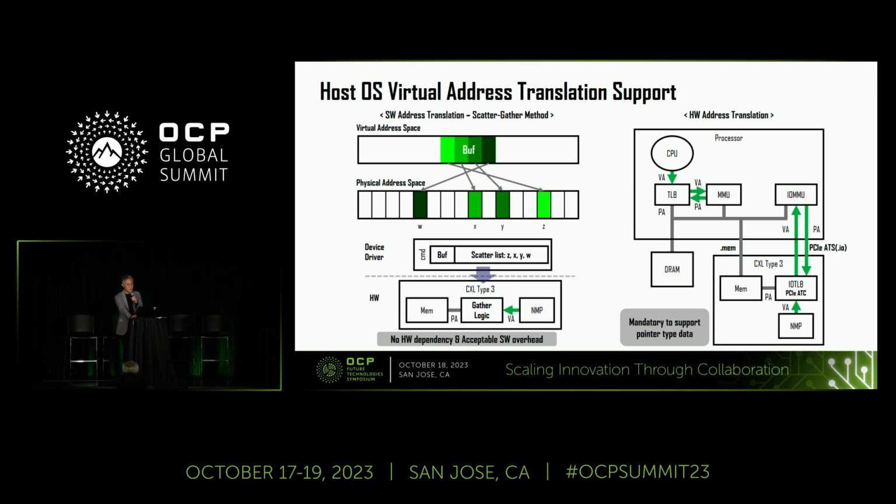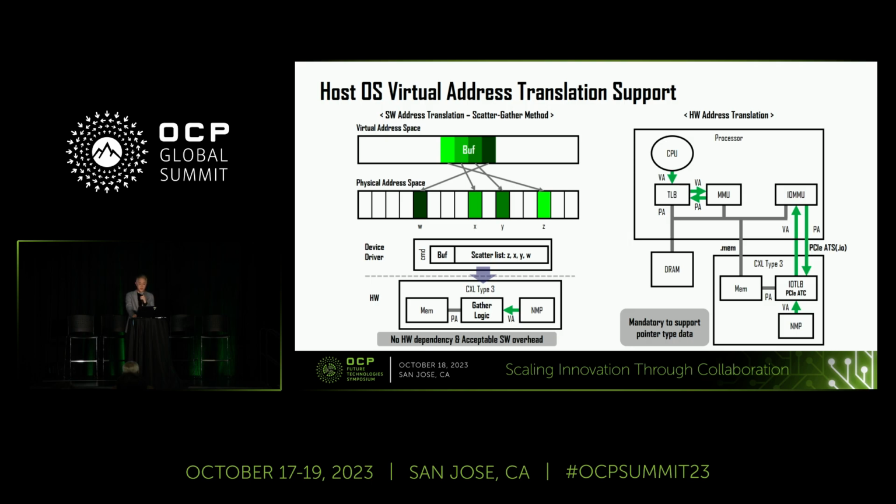This way, the near memory processing engine can easily identify the appropriate physical address based on the scatter list. And the second one is hardware-based address translation. It relies on PCI ATS and ATC concepts along with IOTLB.